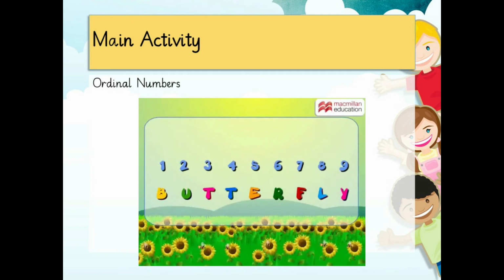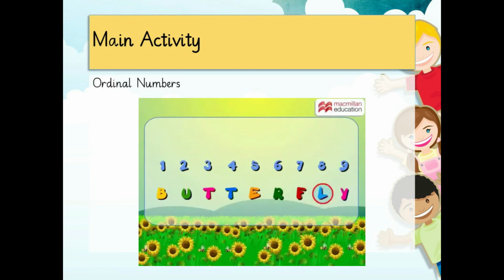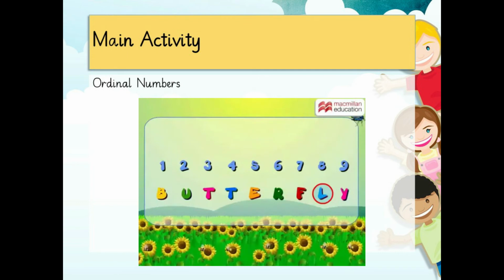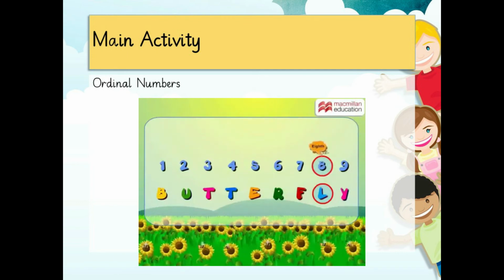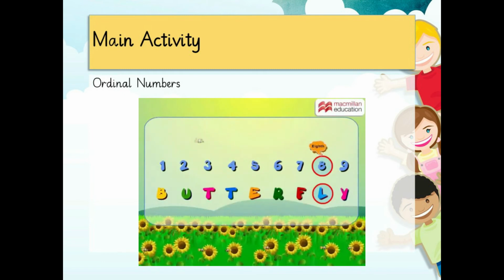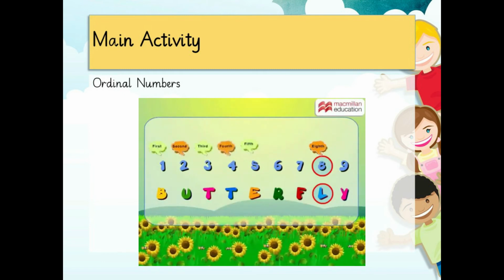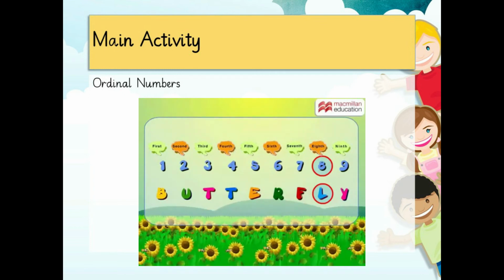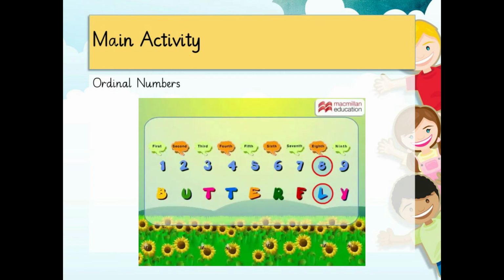Can you tell the position of the letter L in the word butterfly? Since L is at number 8, so its position is 8th. Likewise, the positions of the other letters are shown. Well, kids, I hope you had fun learning cardinal and ordinal numbers. I'll see you around. Bye!